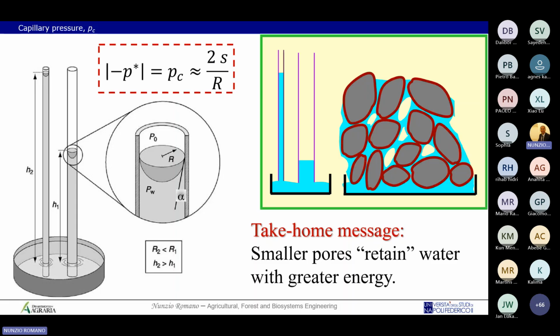And you can see the analogy. If you have a vessel, a bowl full of water with different capillary tubes, you have different capillary rise. And this is a model of the soil pore. The capillary tubes with different diameters are only a sort of analog model of the porosity of the soil system.